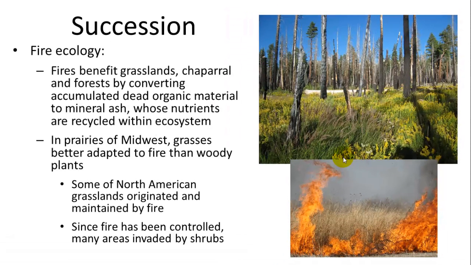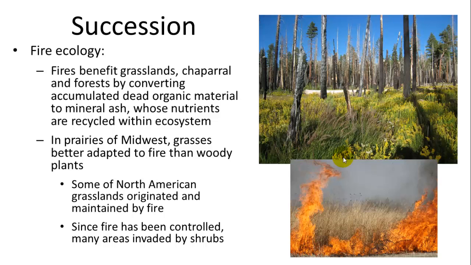So fire benefits grasslands, especially. They'll have generally frequent fires, and the grasses will then grow back quite readily after a fire. So they're more adapted to withstand those disturbance events of fire.